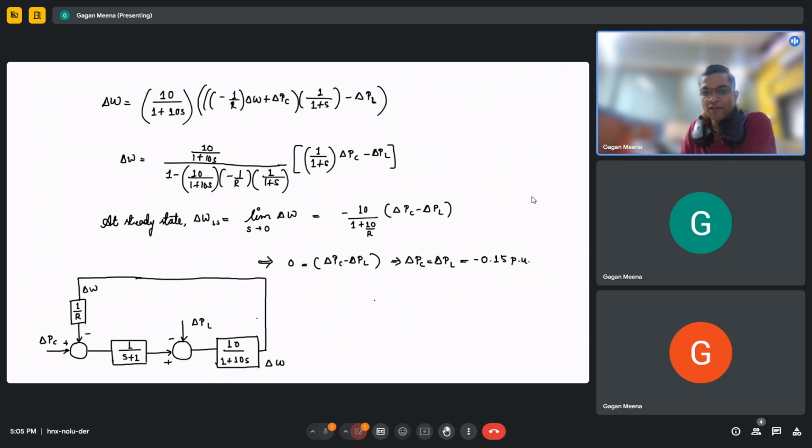And we already know that delta PC in steady state is always equal to delta PL, which is the same as minus 0.15, which is delta PL itself. So this is also done.